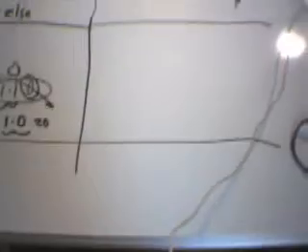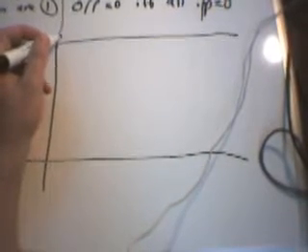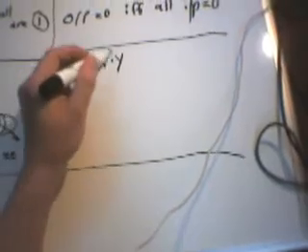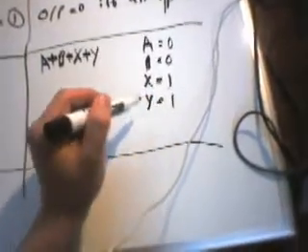So let's do an example of that. A or B or X or Y. Let's say that A equals 0, B equals 0, X equals 1, Y equals 1.